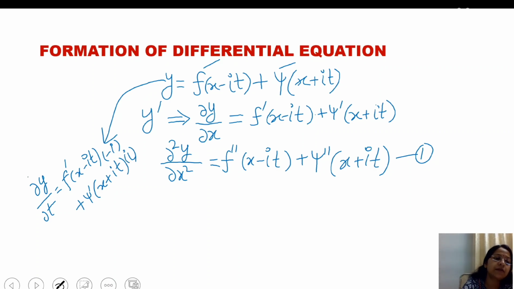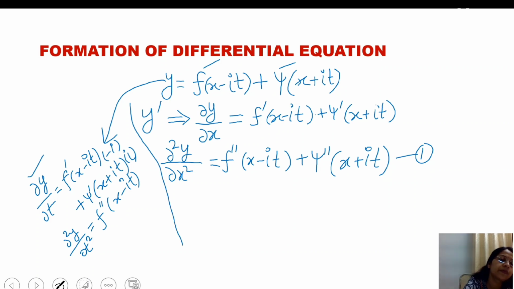Further, on differentiating partially with respect to t, I am getting del 2y over del t2 as f double dash (x minus iota t) into minus iota once again, so this is minus iota into minus iota.